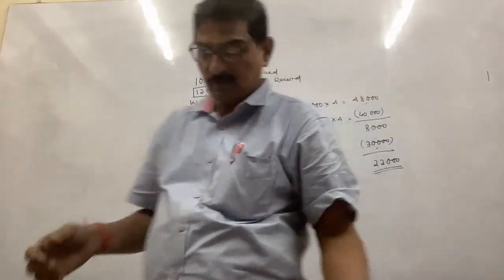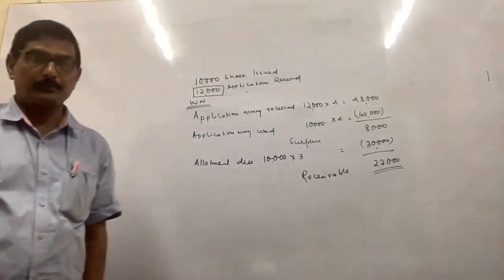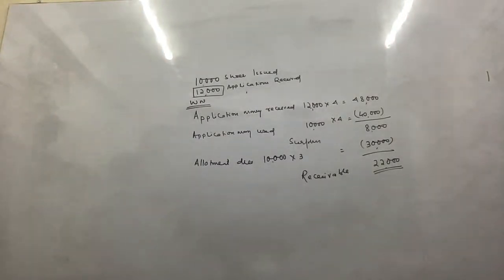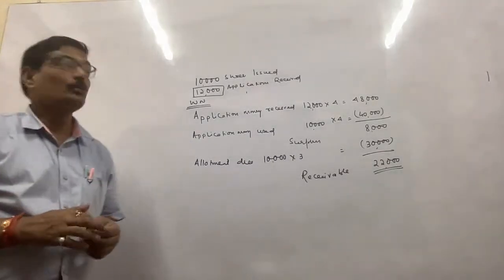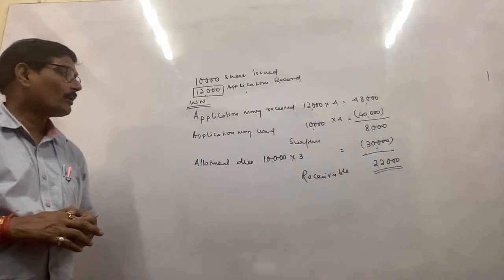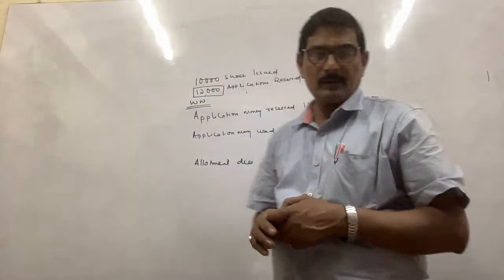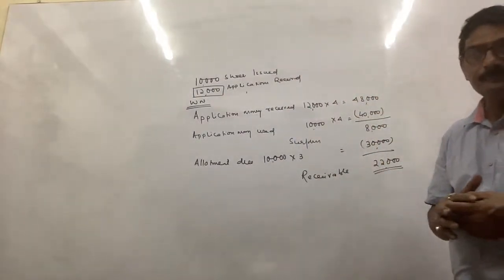First, for application money received, bank account debited to share application account 48,000.